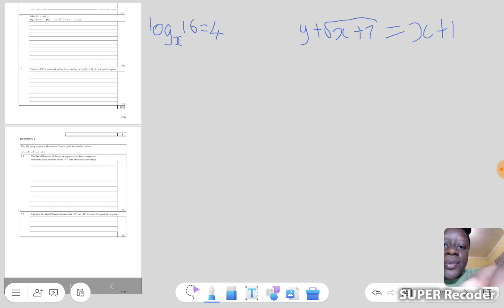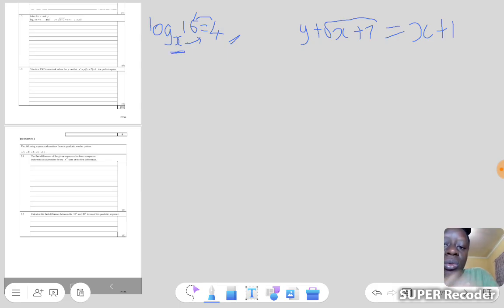So let's focus here because this one is simplest. It only has an x, does not have a y. So getting this thing back into a power, we go like this.